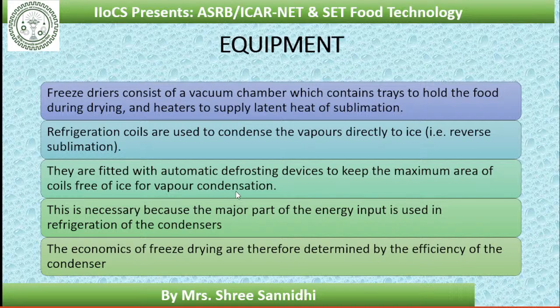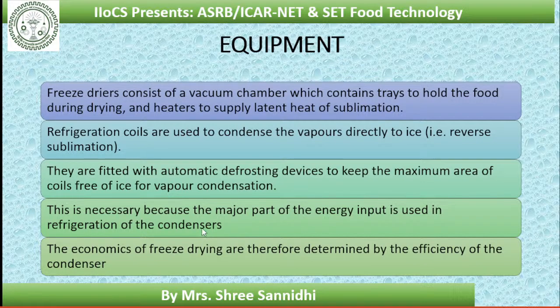This is to make sure that the condenser is not covered with frost and the efficiency is not decreased. This is necessary because the major part of the energy input is used in refrigeration for the condenser. The condenser needs a lot of energy to condense all these vapors. If frost covers the condensers, then we need more energy to condense the incoming vapors, right?